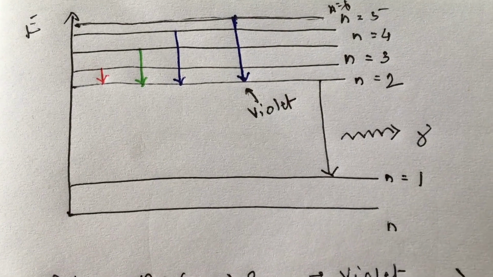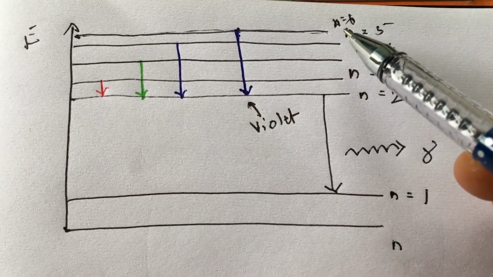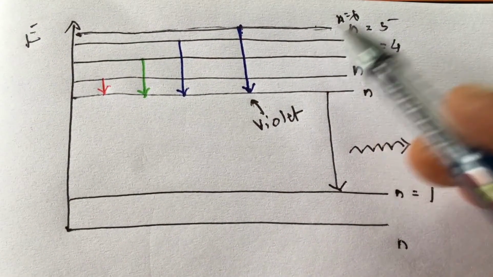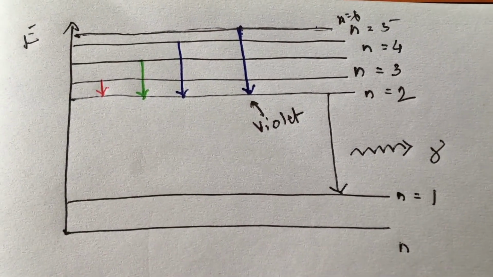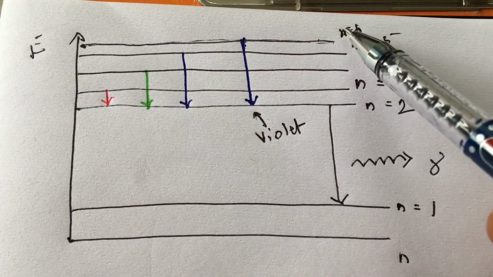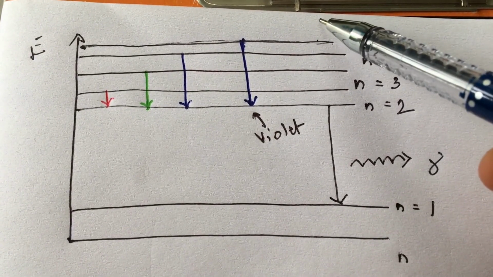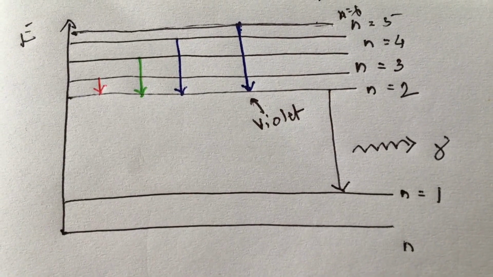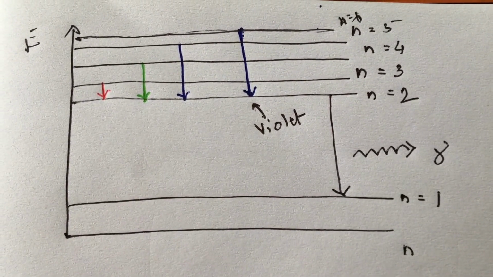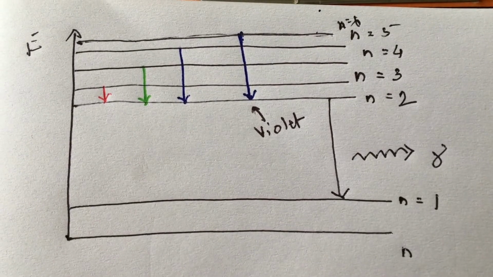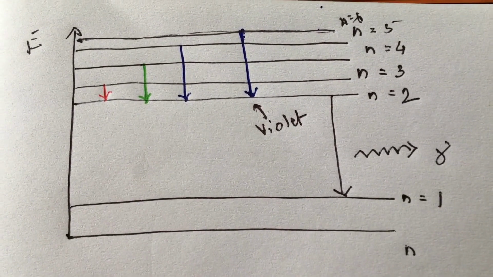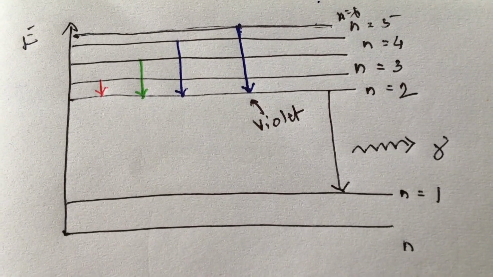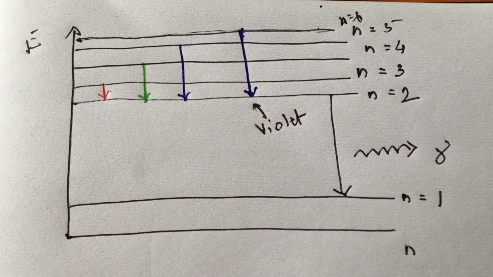And what if an electron makes a transition from n equal to 6 to n equal to 5? Well, this energy gap is so small. And what if it is a transition from n equal to 7 to n equal to 6, say? Then the gap between the energy levels is so small that the photon coming out with that little energy will be in the IR, that is, the infrared spectrum.